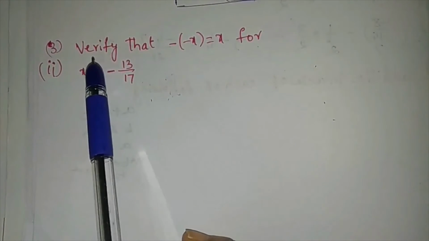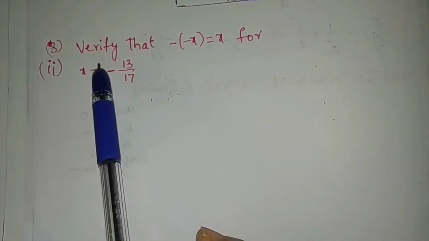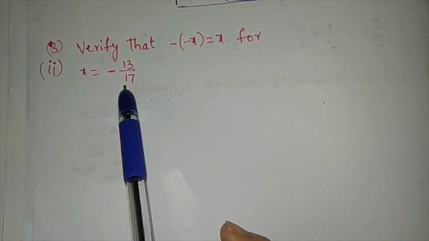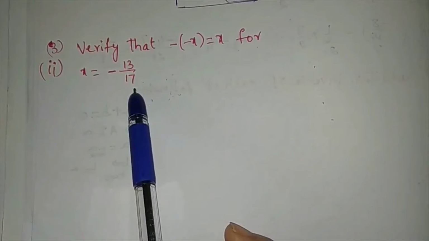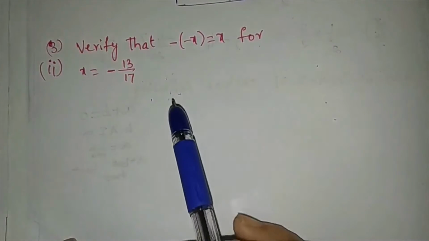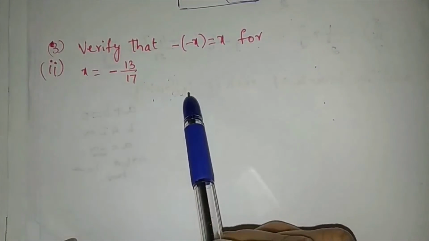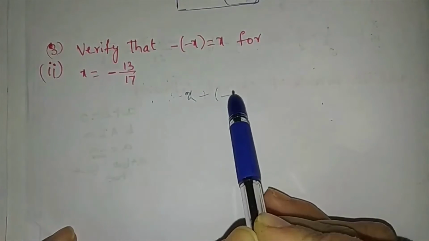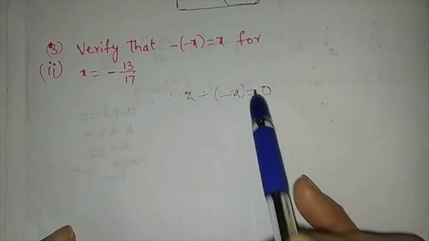Okay, let's move on to the third question, second bit. Verify that minus of minus x is equal to x for x equal to minus 13 by 17. Here also we will use the additive inverse property: for any x, x plus minus x is equal to 0.